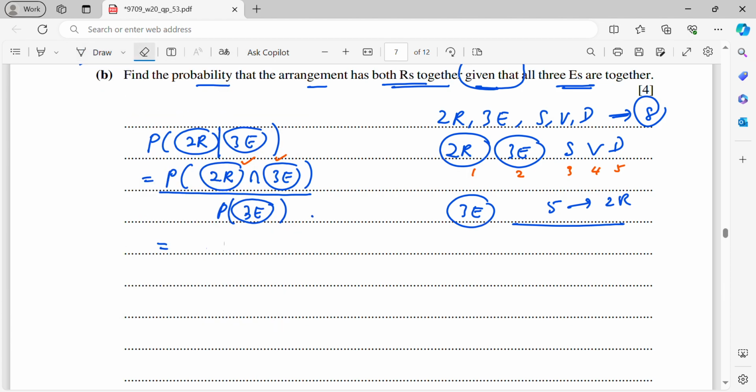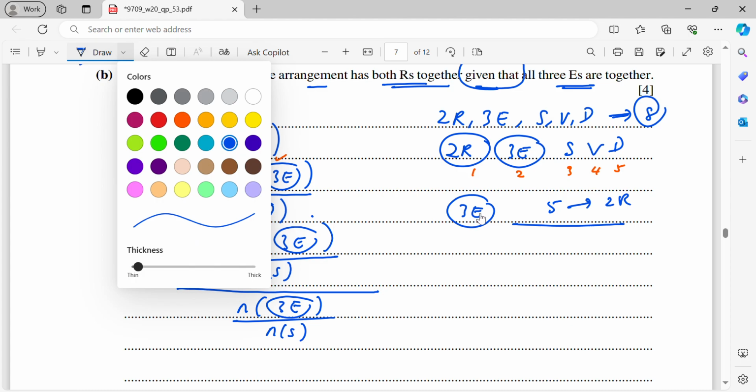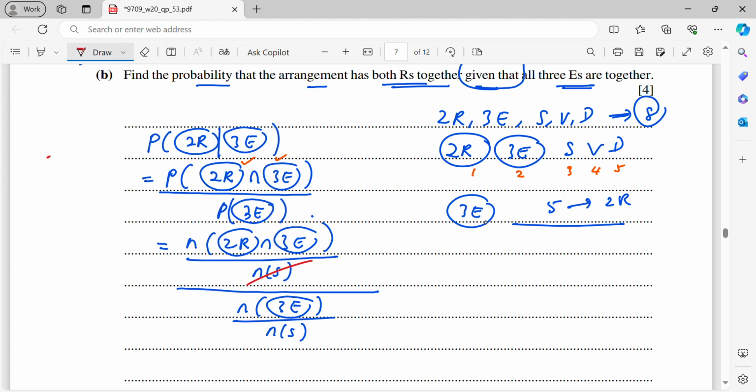So supposedly it's like this. It is n of 2 R's and 3 E's together over n(S), because that's the definition for probability, then divided by n of 3 E's together, then over n(S). Since it is the same experiment, n(S) will be the same.